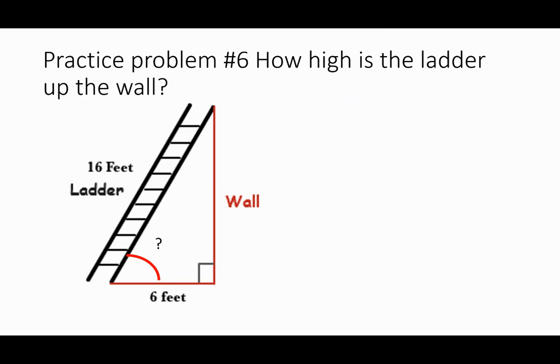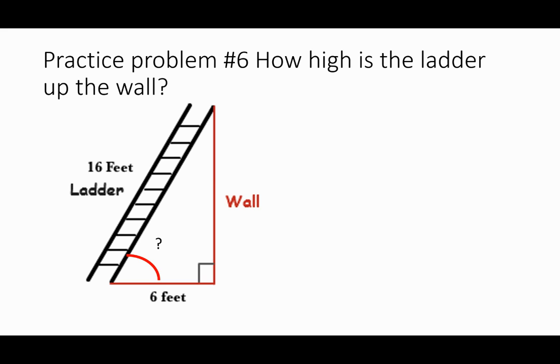The last one, we're using the same thing, and we're going to see if we can find out how high up the ladder is on the wall. So the angle measurement doesn't matter. In here we have our three sections and our right angle. We can do SOHCAHTOA with sine, cosine, and tangent.